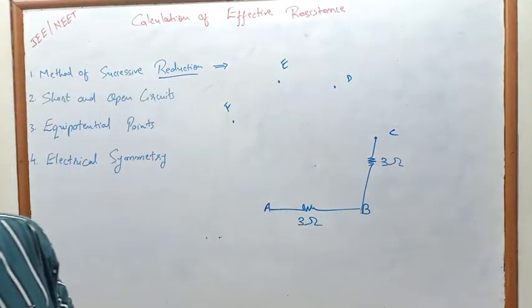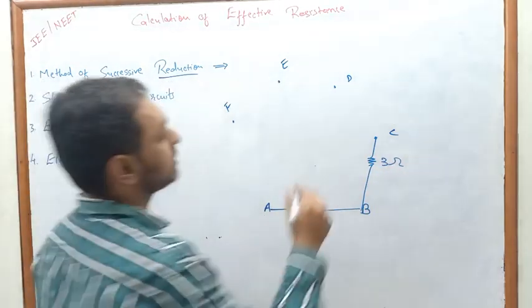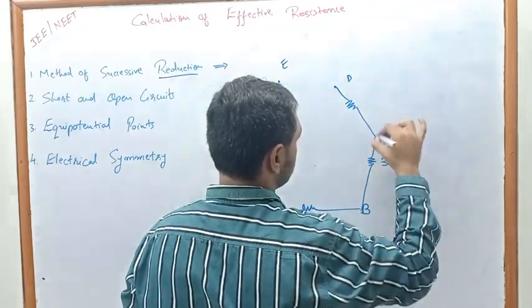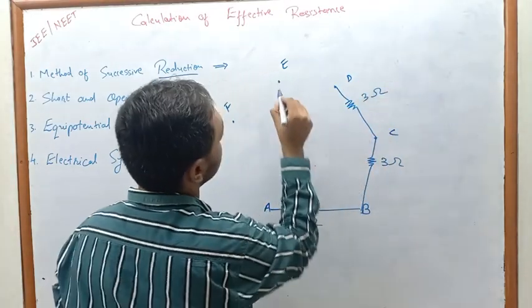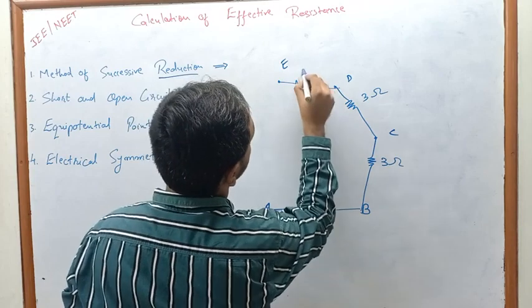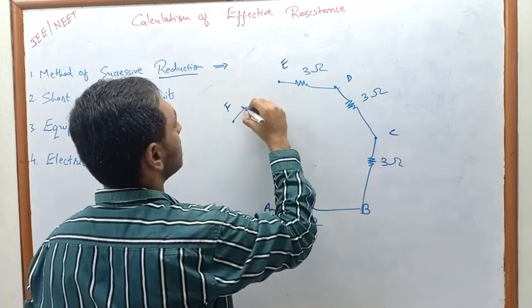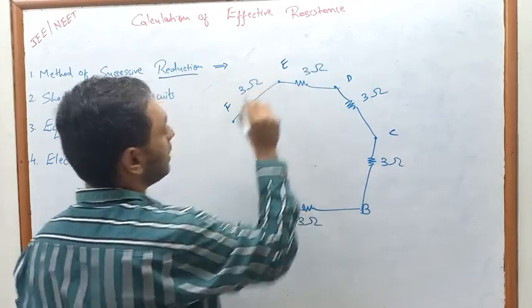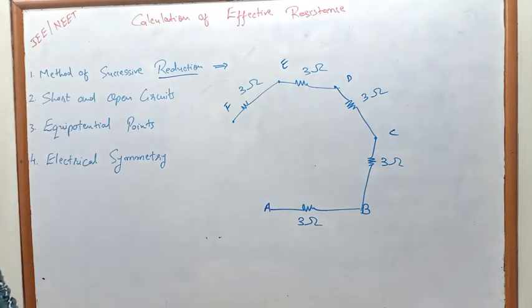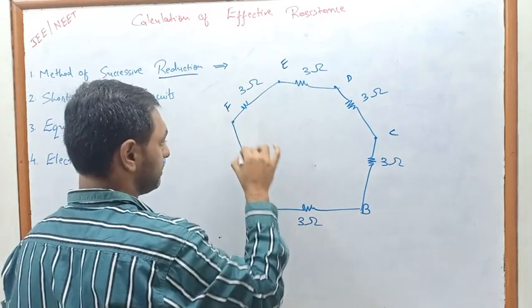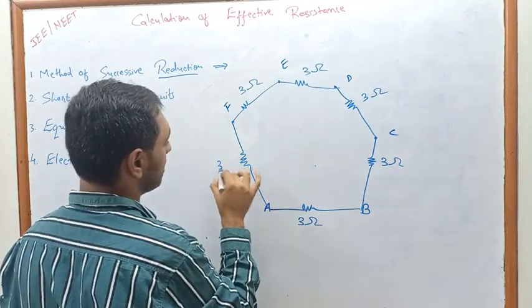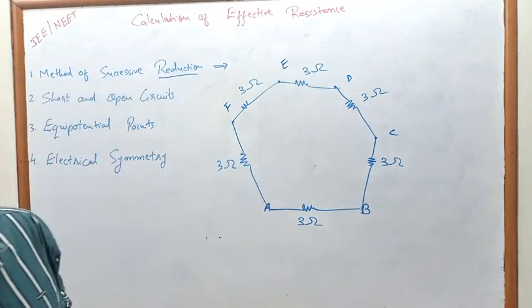C and D, another 3 ohm resistance is given. D and E, same thing, 3 ohm. E and F, 3 ohm. F and A, again 3 ohm. So this is how it is given.